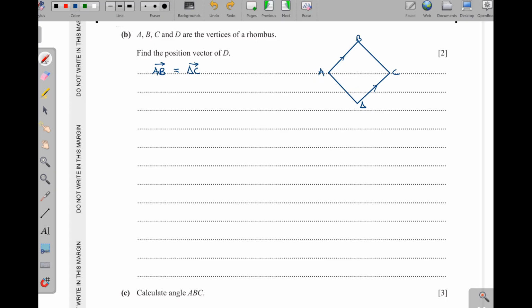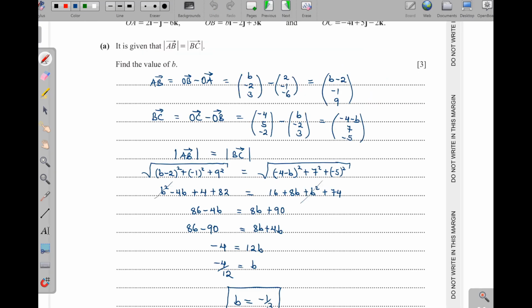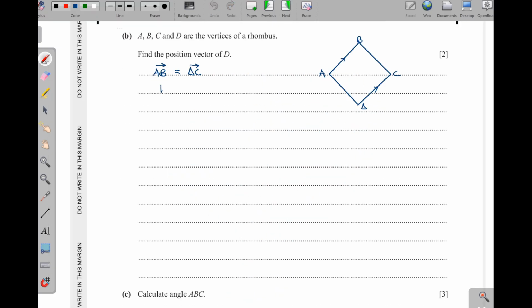Now, do we have our AB? Our AB is here: B minus 2, minus 1, 9. DC is going to be equal to OC minus OD.